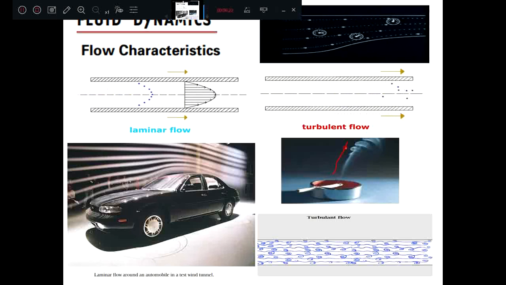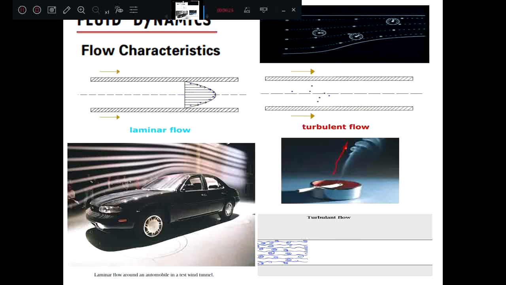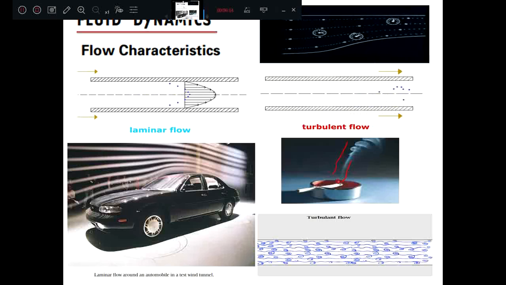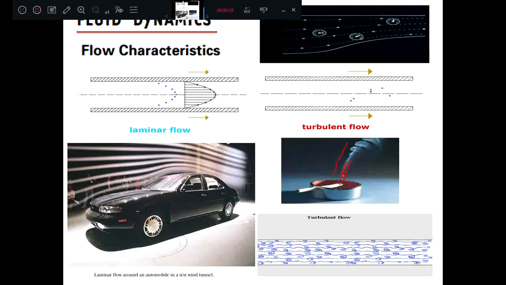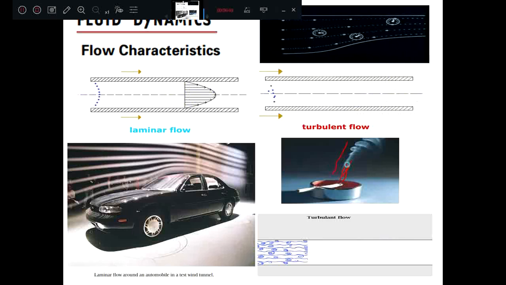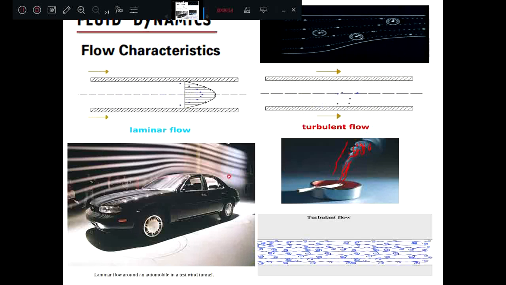The smoke first moves in a laminar flow at the bottom and then in a turbulent flow above. Initially, the flow is laminar, meaning all the gas particles are moving in an orderly way. Then later they all get mixed up. This is what we call a turbulent flow.